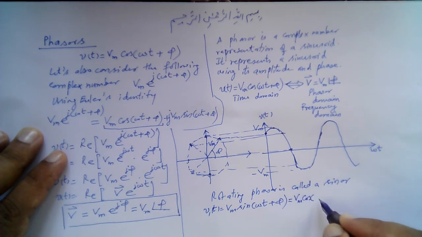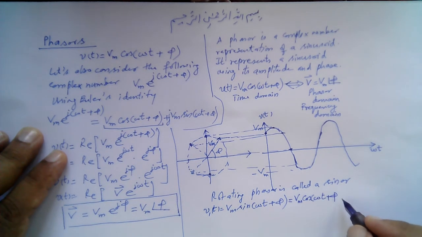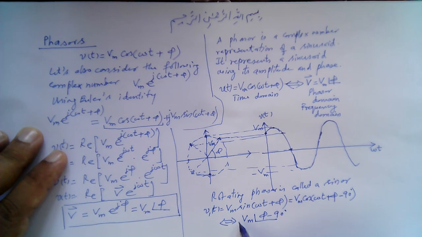So it will be Vm cos omega t plus phi minus 90 degrees, right? So the corresponding phasor representation will be Vm angle phi minus 90 degrees. So that is V1, right? V1 is equal to this.